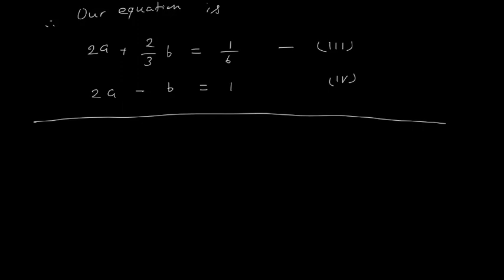So here I will say subtract equation 4 from 3. Okay, so I will change the signs, it will become minus, it will become plus, and it will become minus.